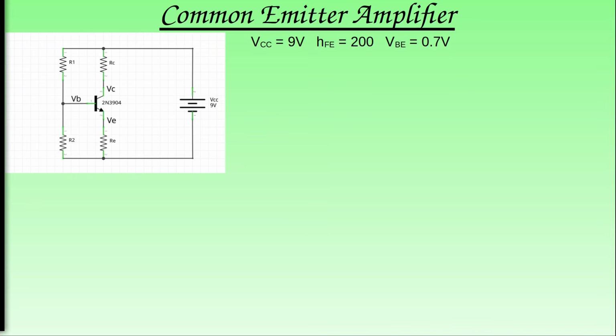Now, if this small amplifier will be used just to amplify a small signal voltage, we can set IC to 10 mA, and we can approximate IE to the same value, since the base current is going to be 200 times smaller and therefore negligible.